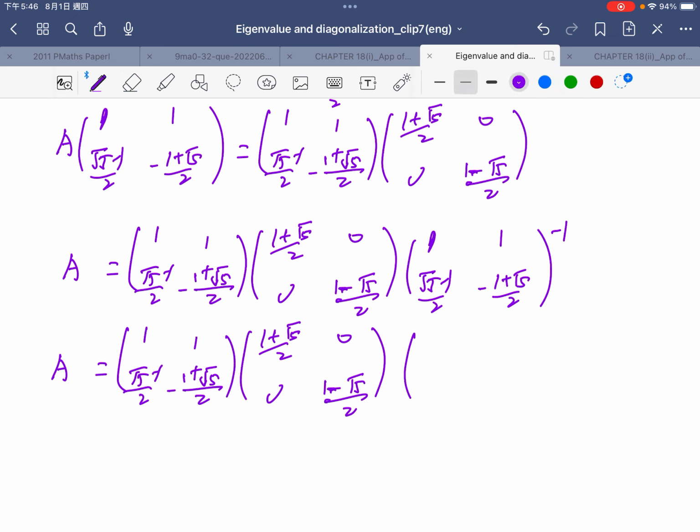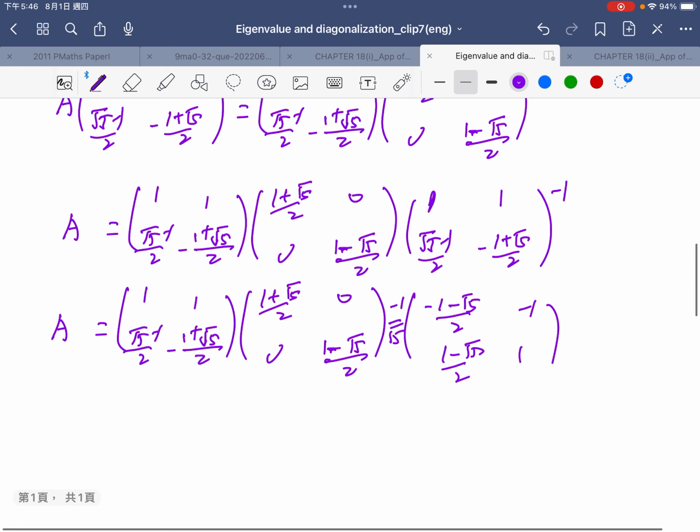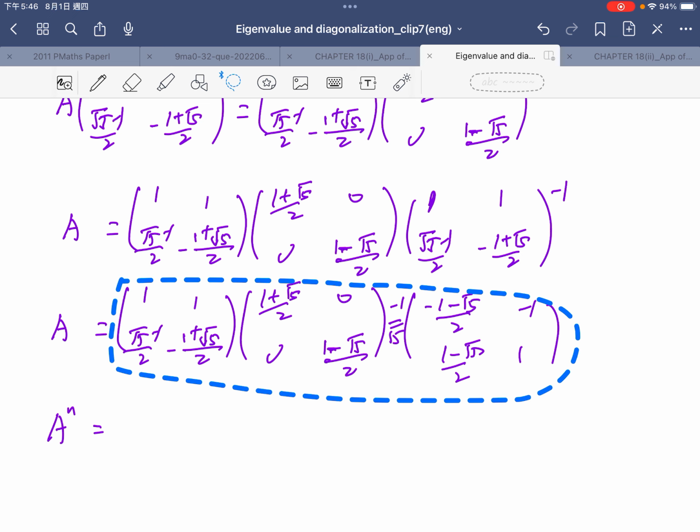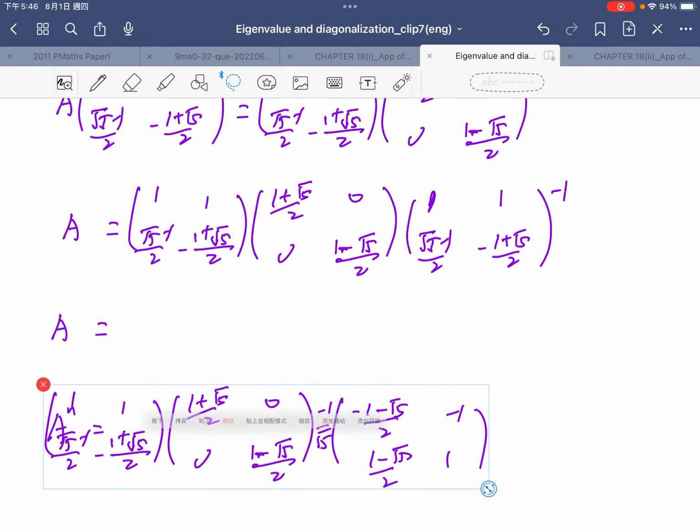This is minus 1 over root 2 times minus 1 minus root 2 over 2 minus 1, 1 minus root 2 over 2, 1. And then for the power n, this matrix power to the n.